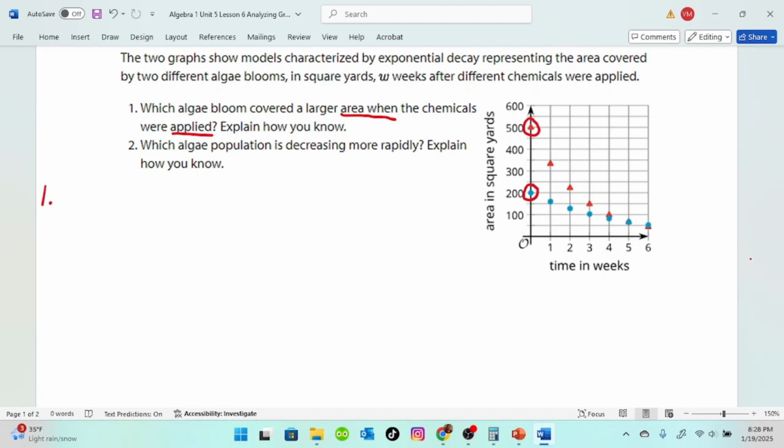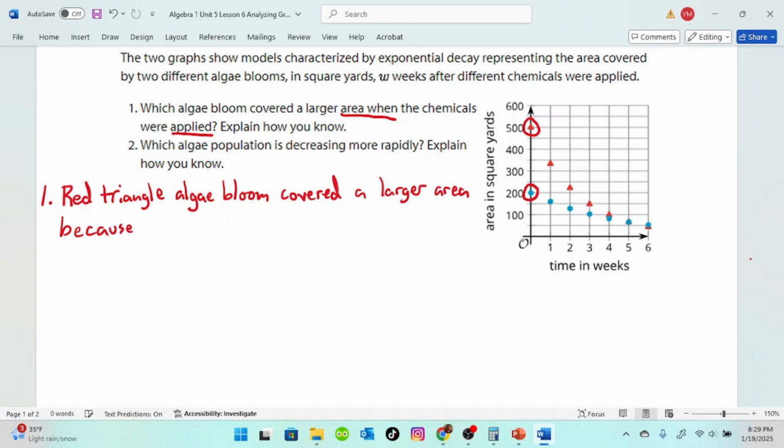So for number 1, red triangle algae bloom covered a larger area because its vertical intercept is larger.